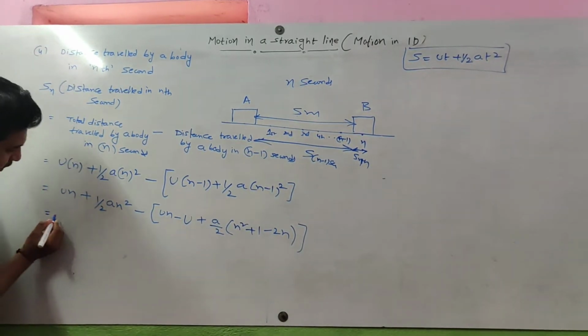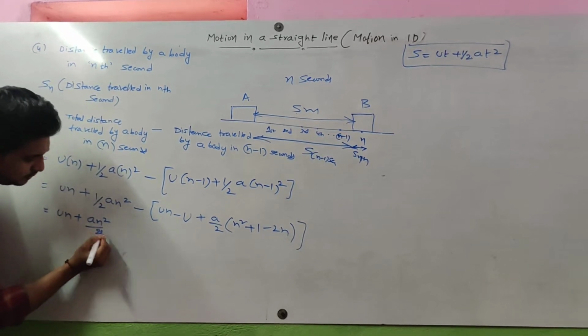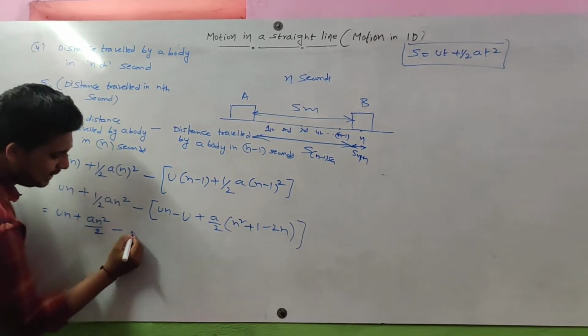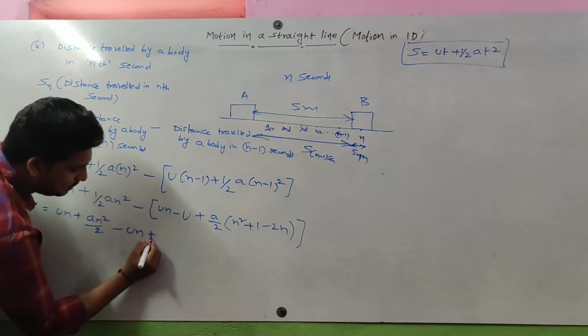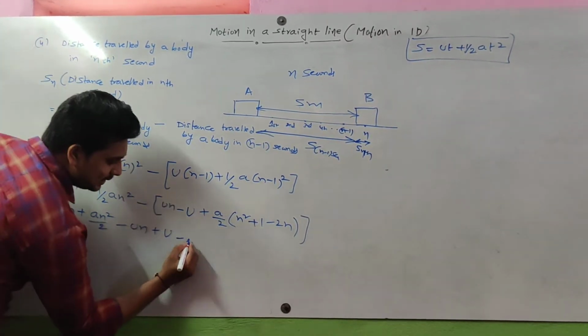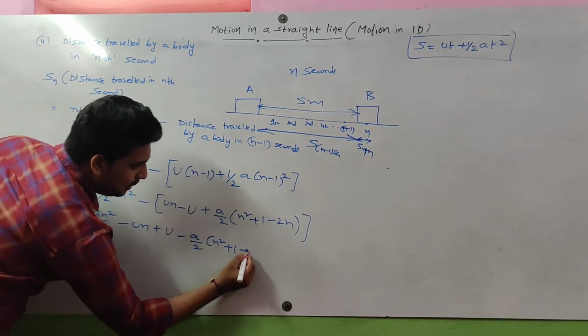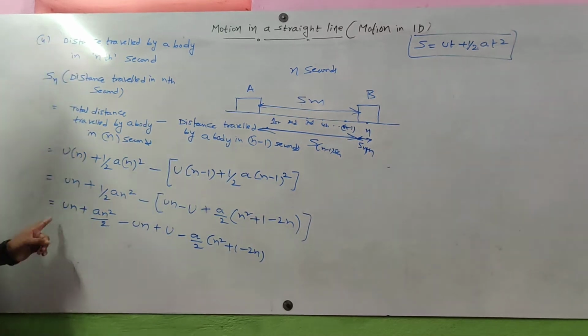Next, what we get: un plus an square by 2 minus un plus u minus a by 2 into n square plus 1 minus 2n.